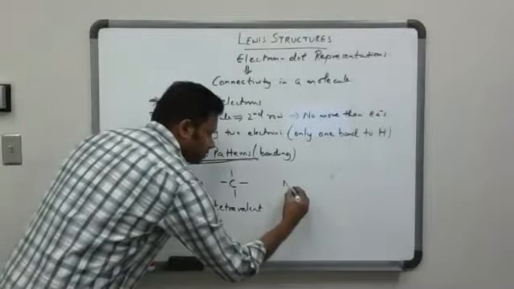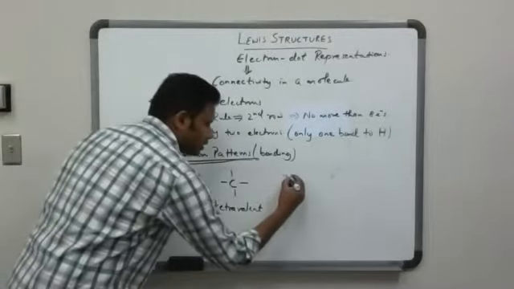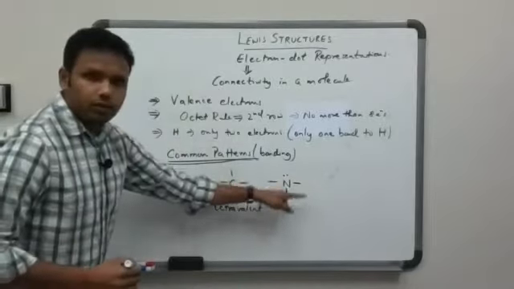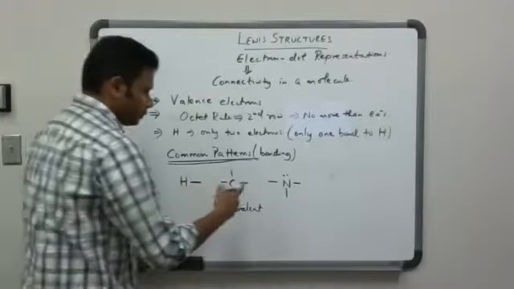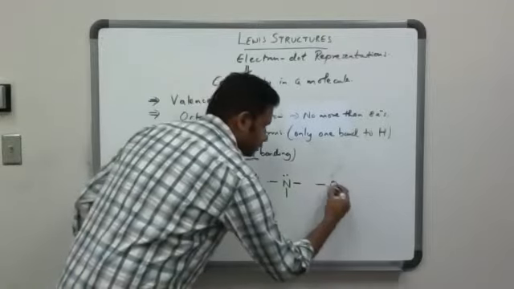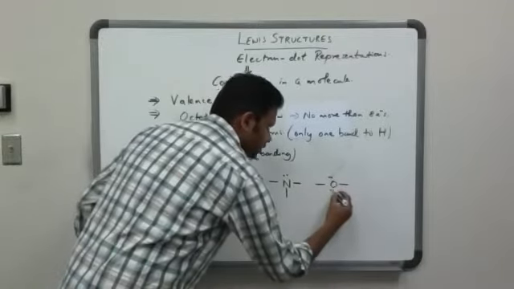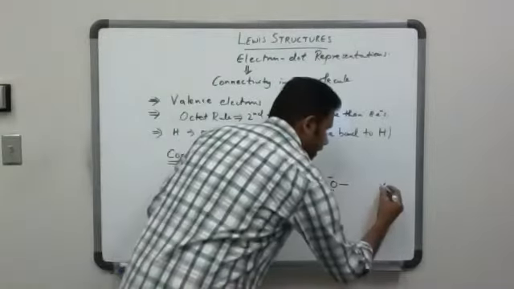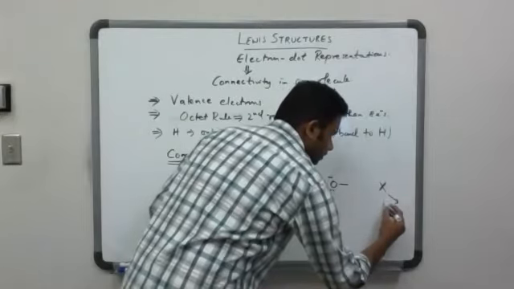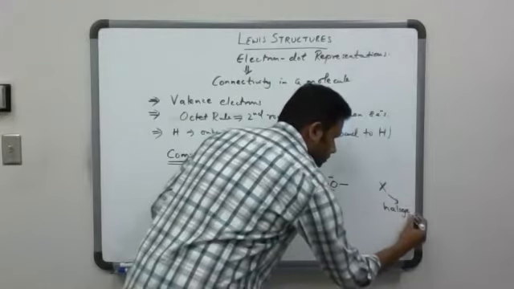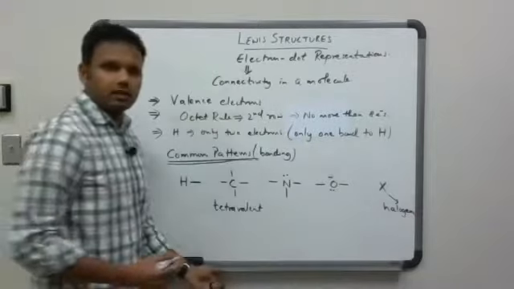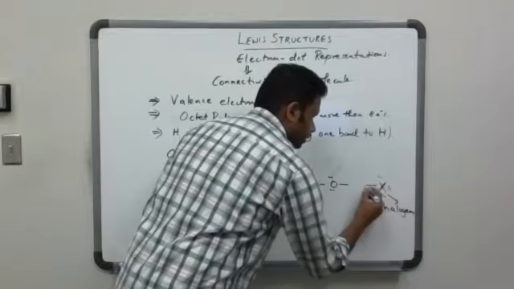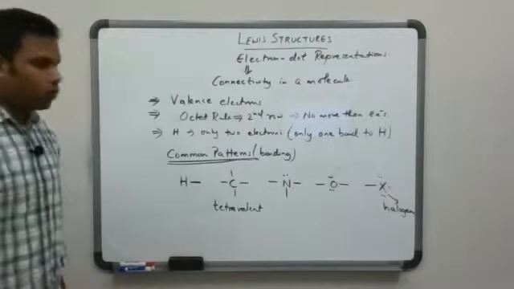Nitrogen, similarly, has a lone pair on it, and it will form 3 bonds. Oxygen will form 2 bonds and has 2 lone pairs on it. Any halogen, and we will use X to represent halogens, is going to have 3 lone pairs on it, and it's going to form 1 bond.